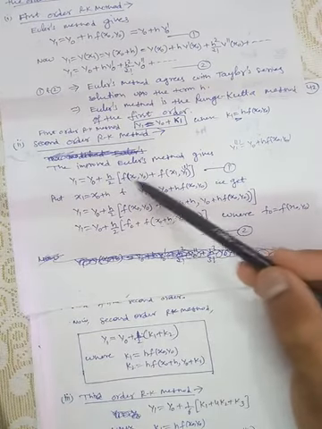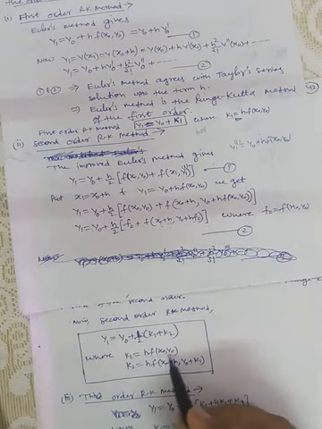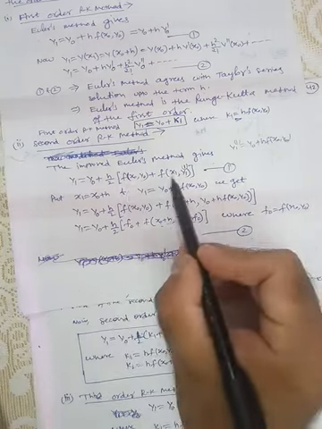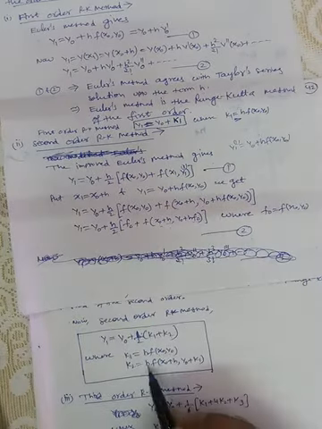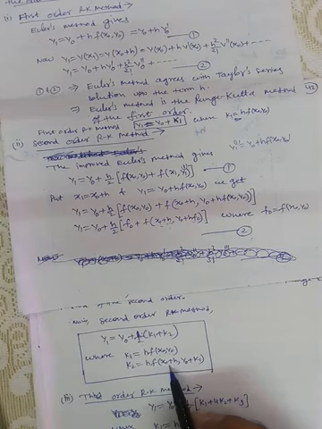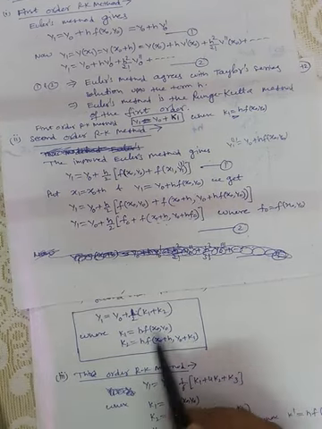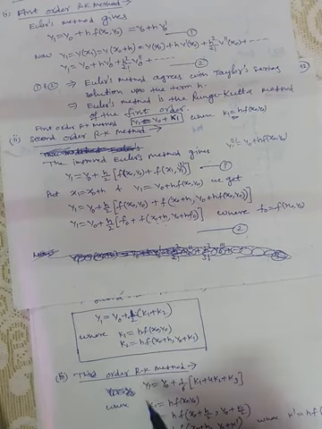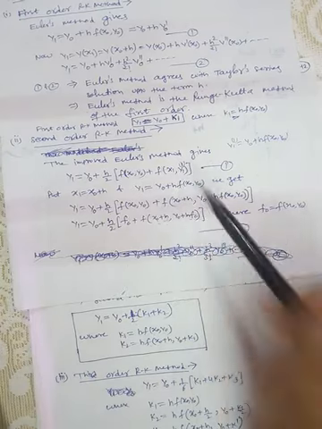K1 is h f x naught y naught. What will be the k2? K2 is this part multiplied by h, so h f x1, y naught plus k1. What is k1? K1 is this. So this is the method. Okay, it has been written by modifying this. This is k1, this is k2.